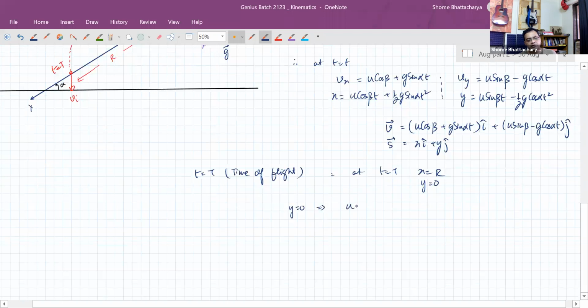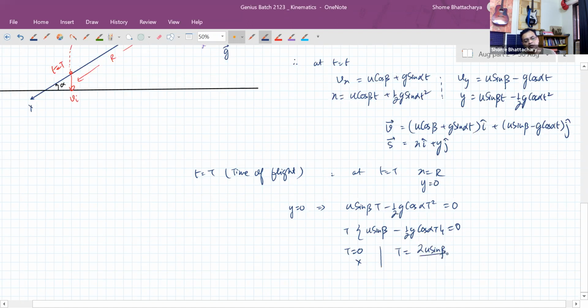This implies that u sin beta t minus half g cos alpha t square should be 0. This is that quadratic equation which has two roots. One root is the initial time, which we won't consider as the time of flight. The second one will be 2u sin beta divided by g cos alpha.